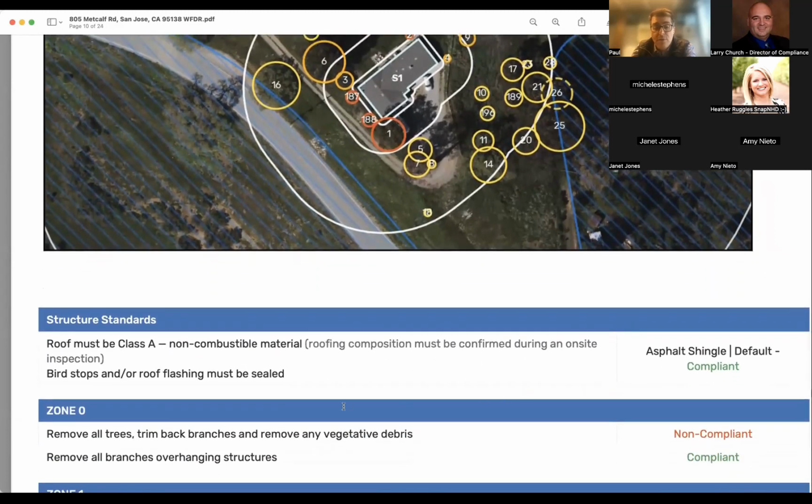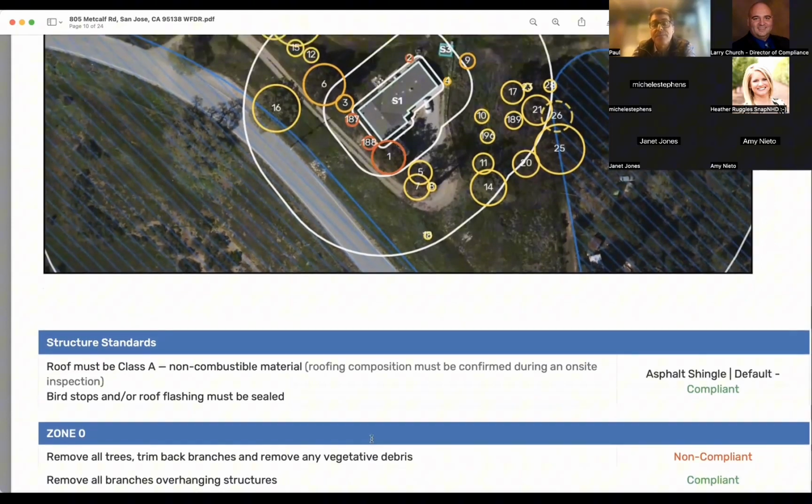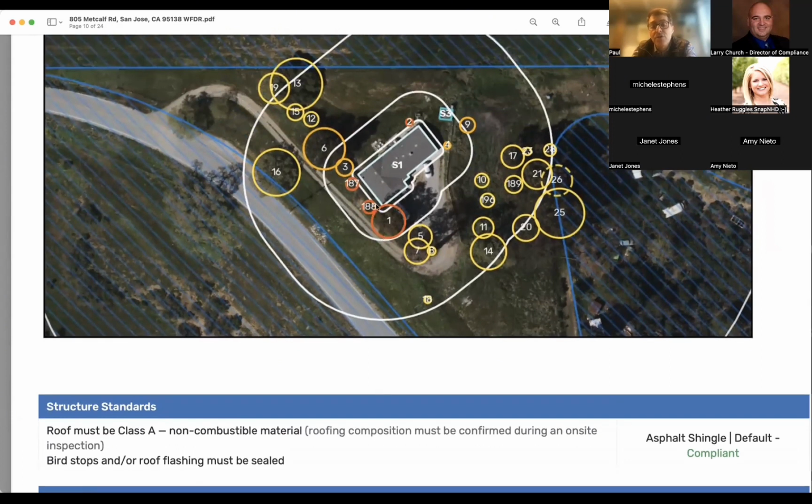Now we go through zone 0 risks. For zone 0, you need to remove all trees and trim back branches, and you can't have any branches overhanging the structure. You can see here, the trees marked in red are trees that qualify as zone 0 trees because they have branches extending into zone 0.